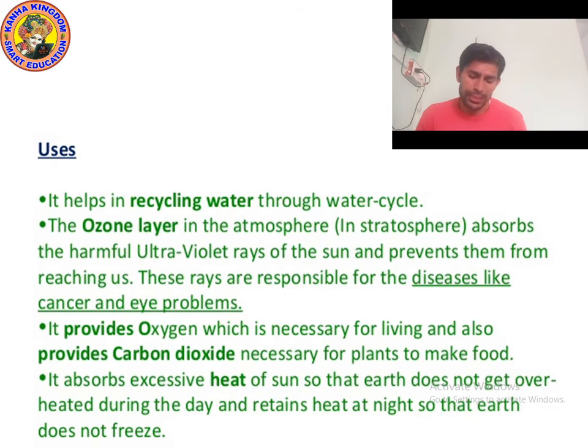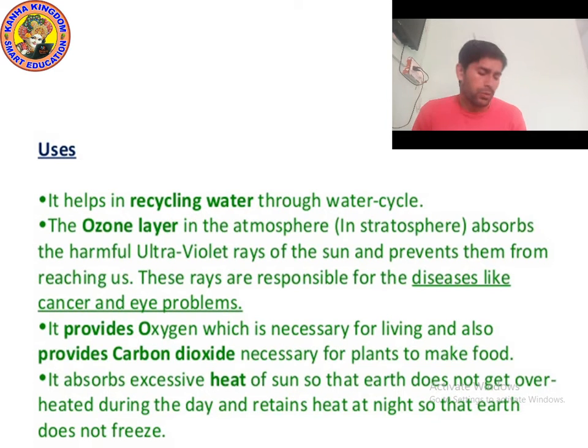Yes, as I already explained about the ozone layer. And air helps in recycling the water through the water cycle, because air contains water vapor. When there is more humidity, then the chances of rain increase.